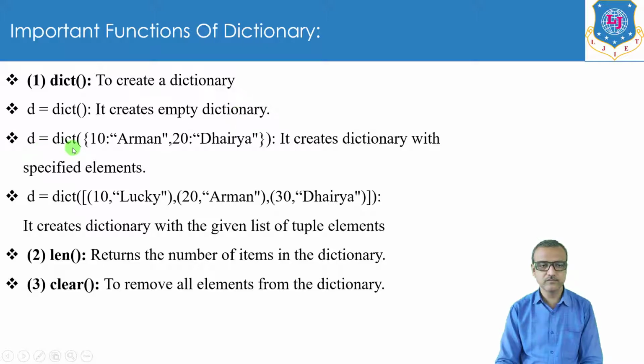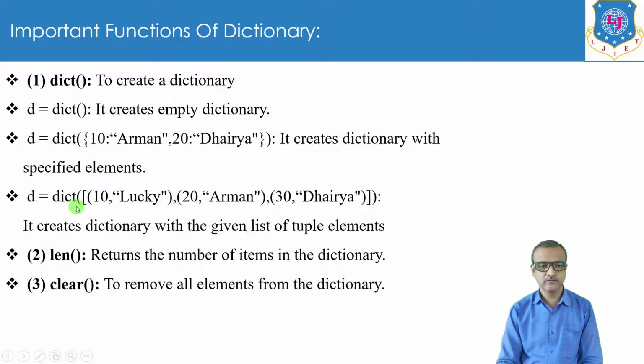D equals dict, here we have taken key 10 and the corresponding value is Arman. For key 20, the corresponding value is Darya. So this creates a dictionary with specified elements.